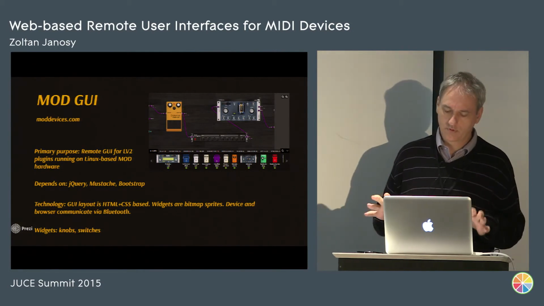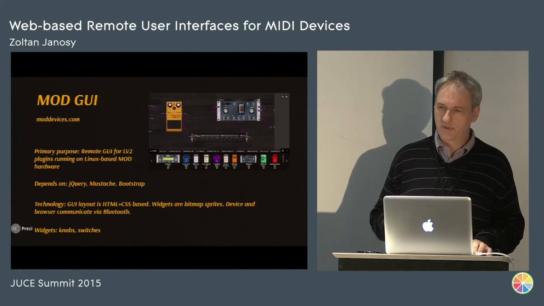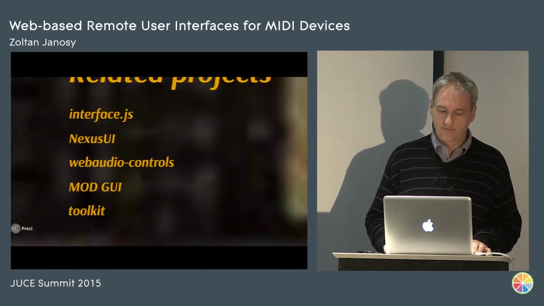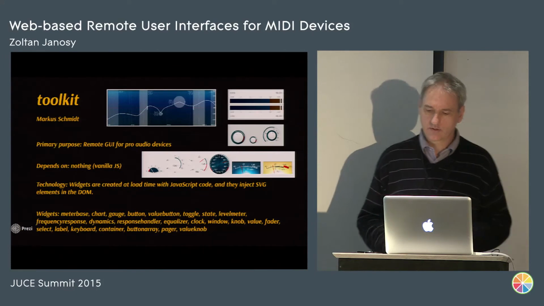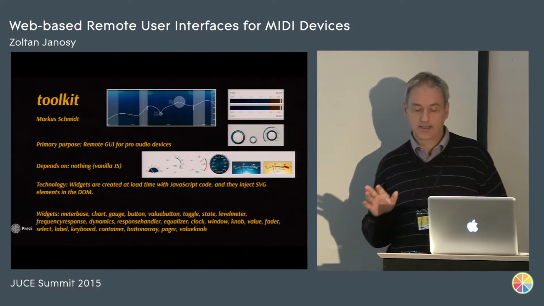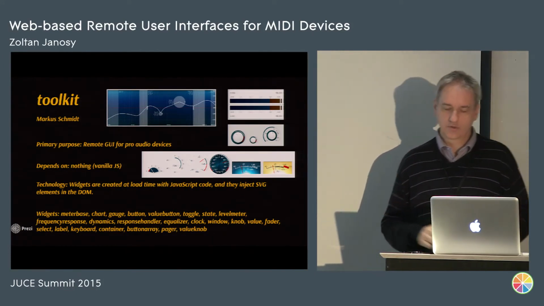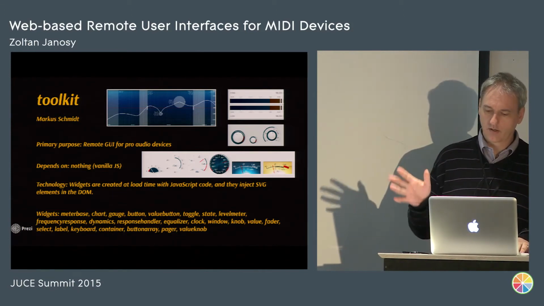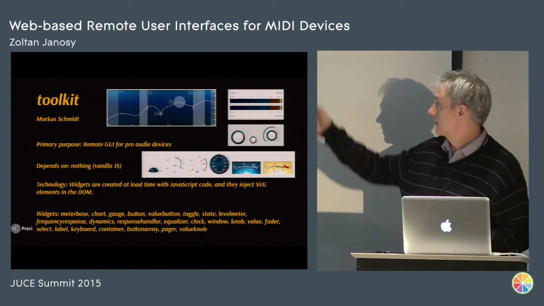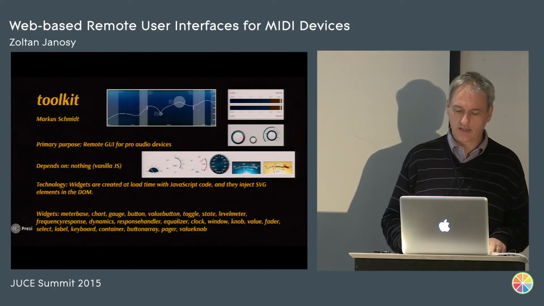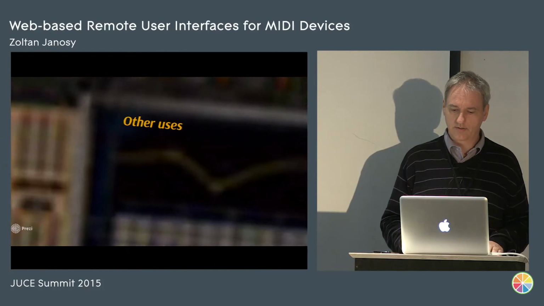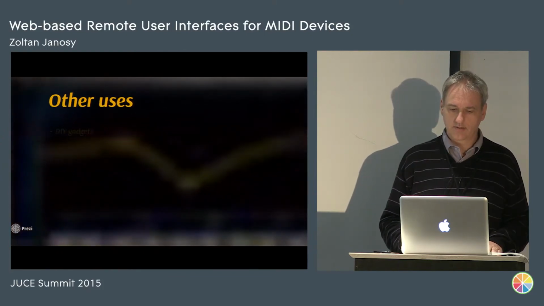So it runs a full Linux, and it can be used as an effect processor. And finally, Toolkit is also very interesting. It has very good widgets already, like knobs and sliders, and you can see the equalizer graphs. So all these can be put together to make this system.